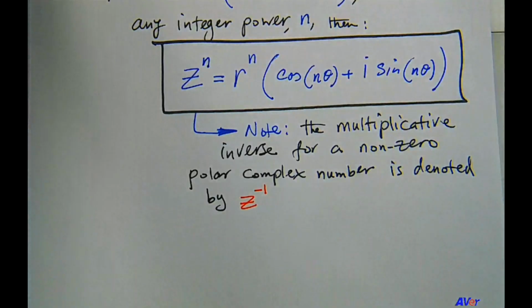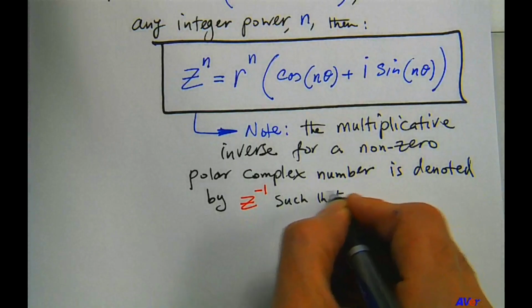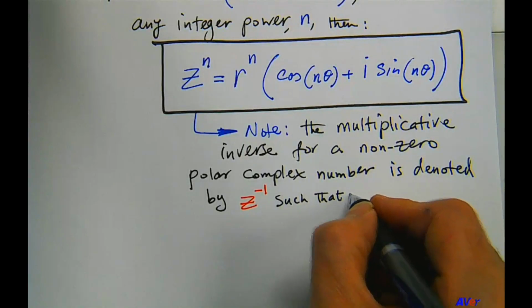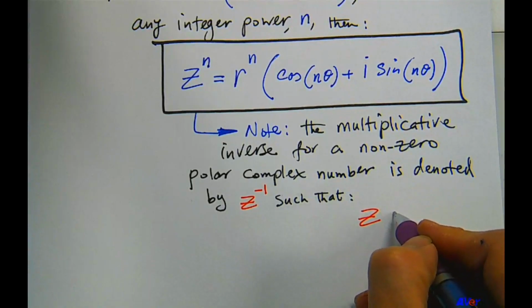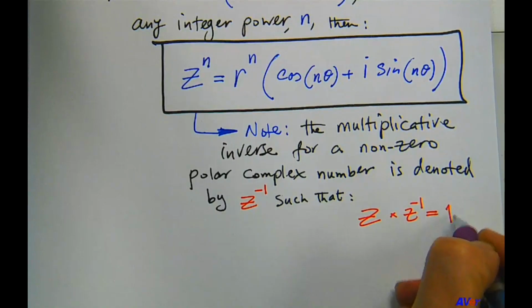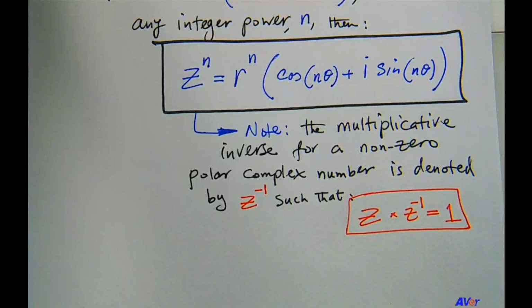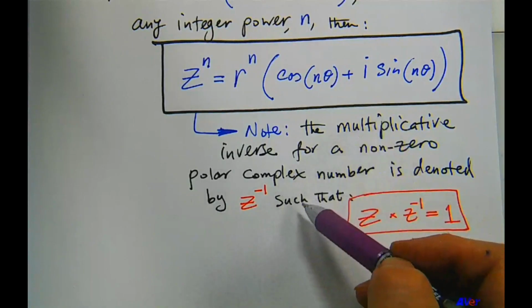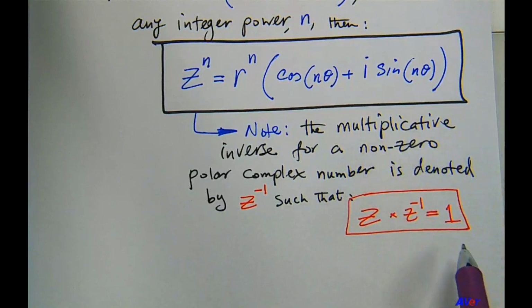And it is such that z times z inverse is equal to 1. So multiplying a polar complex number by its inverse is equal to 1.